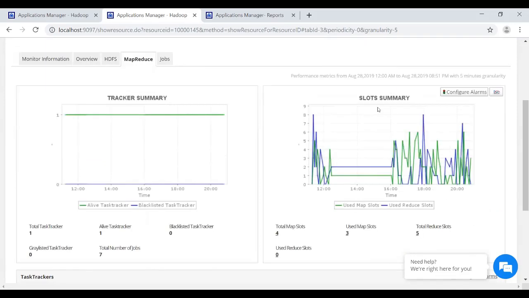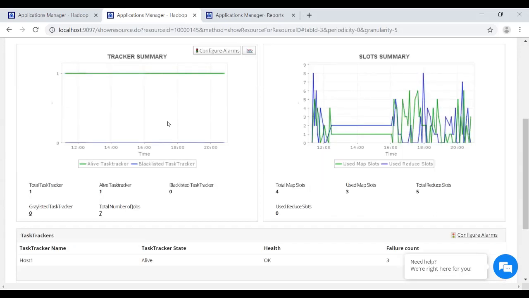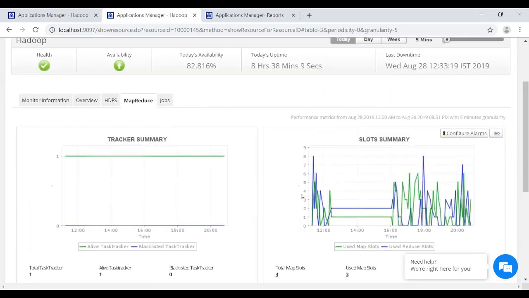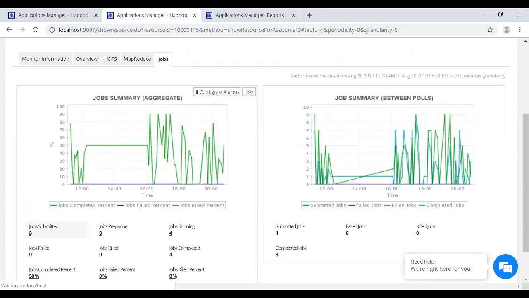That's perhaps the only difference between the two versions. And we had applications in version 2 and we have jobs in version 1. Again, similar to applications, how many jobs submitted, how many running, how many failed, how many preparing, and an overall summary between individual pools also.